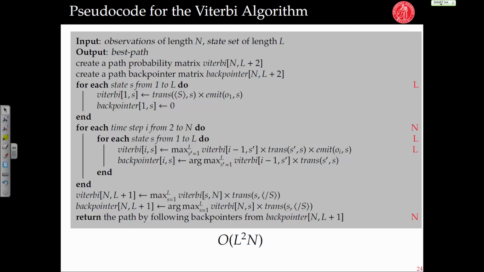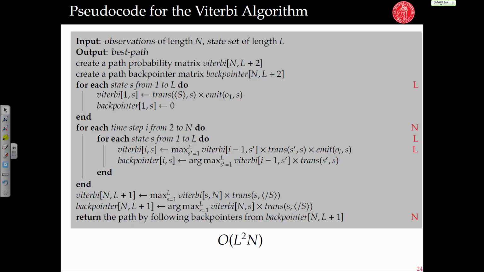We don't know how long it is. The n, exactly. Growing linearly in terms of n is good for us because we don't know how long the input sequence is going to be. But L we know. We have 45 tags, and that's not going to change. So at least we have a sense of how long it will take. If it were the other way around, then n could be extremely large, and this would be slower.